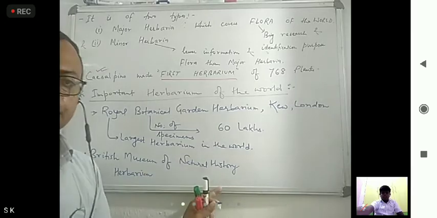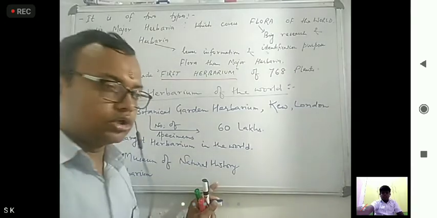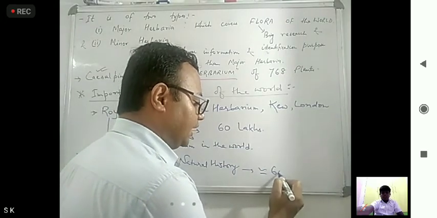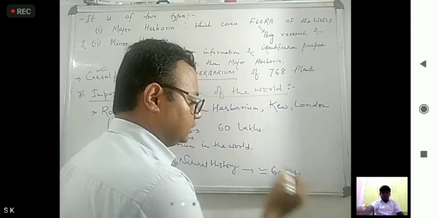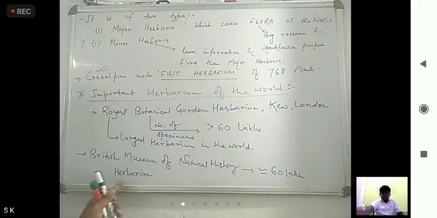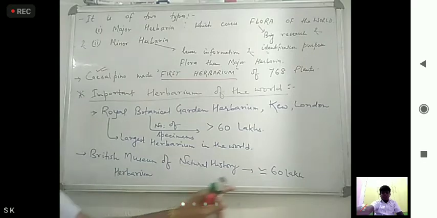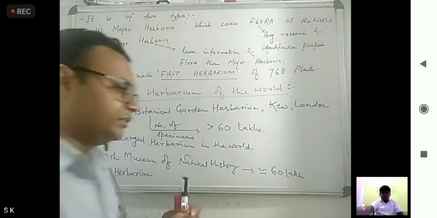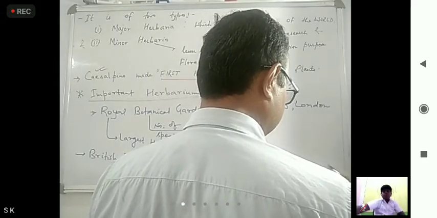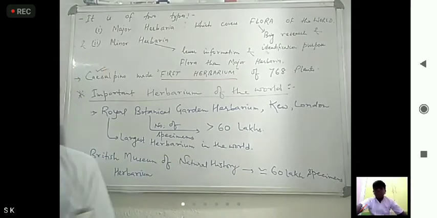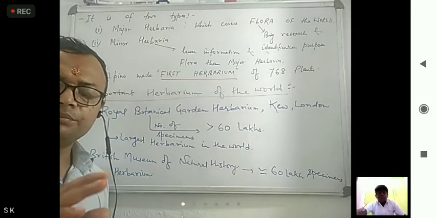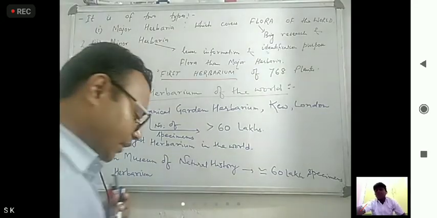This herbarium also contains approximately 60 lakh, and it is more than 60 lakh specimens. Okay, so how many specimens does the British Museum of Natural History Herbarium contain? Approximately 60 lakh, maybe more. Okay, now some important herbaria in India, we have to see.